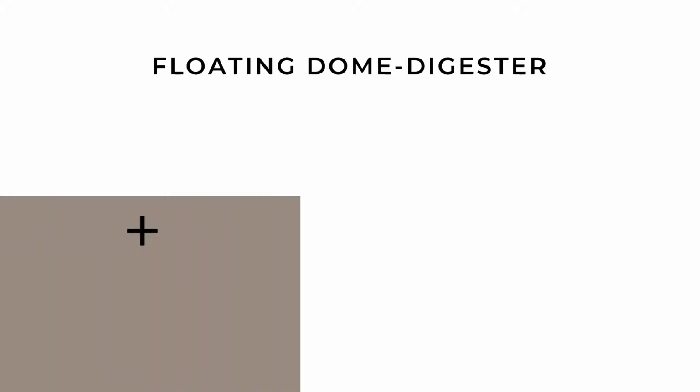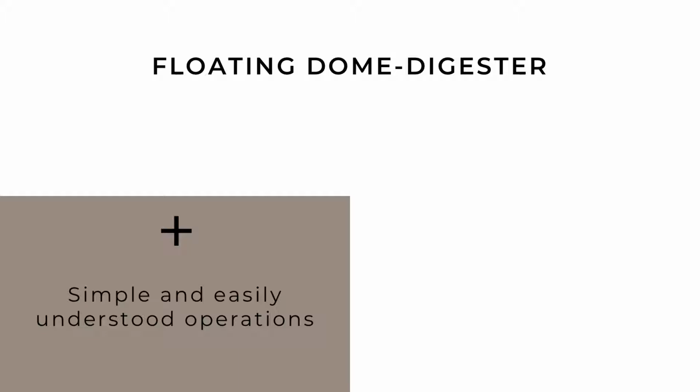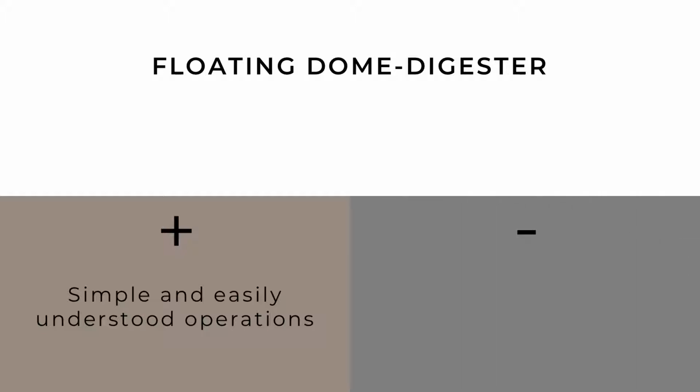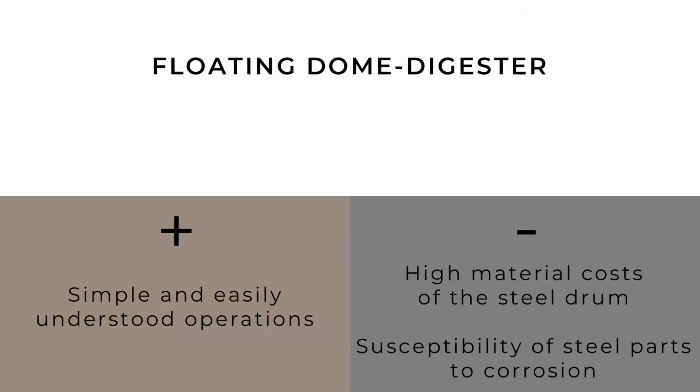Floating drums have a simple and easily understood operation since the volume of stored gas is directly visible. Its disadvantages are the high material cost of the steel drum and the susceptibility of steel parts to corrosion.